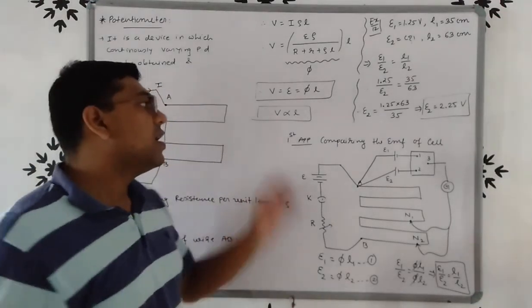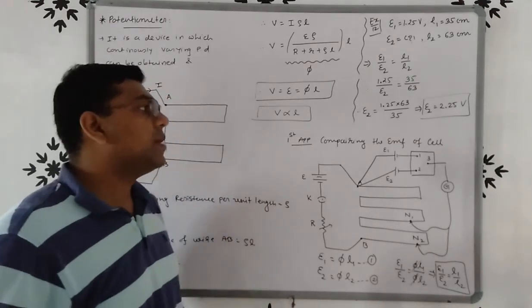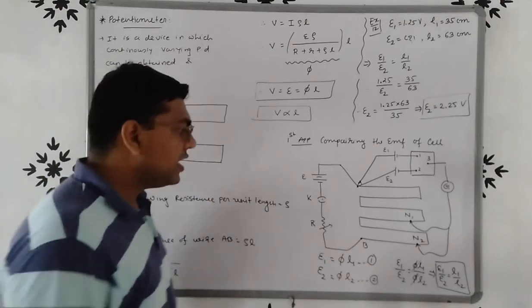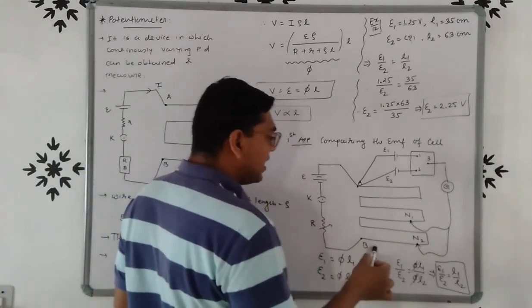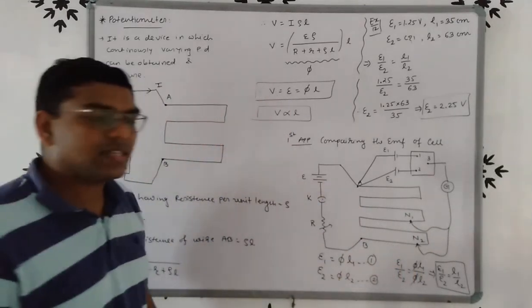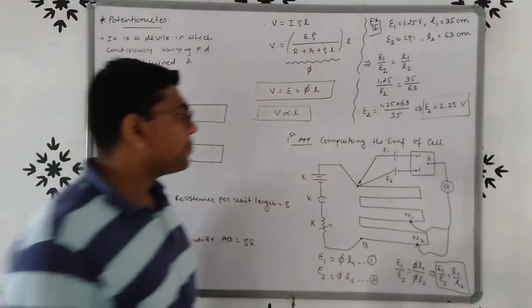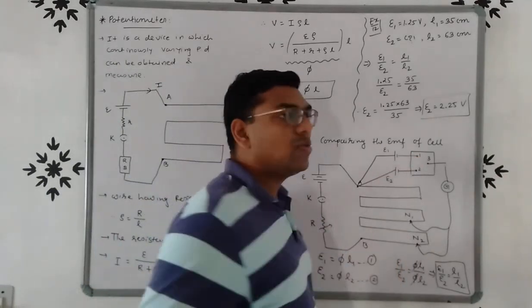Then there are two applications of potentiometer. The first one is to compare the EMF of cells. In this circuit diagram, there is a wire which is connected to a battery, key and variable resistor. Then two cells are there having EMF E1 and E2.